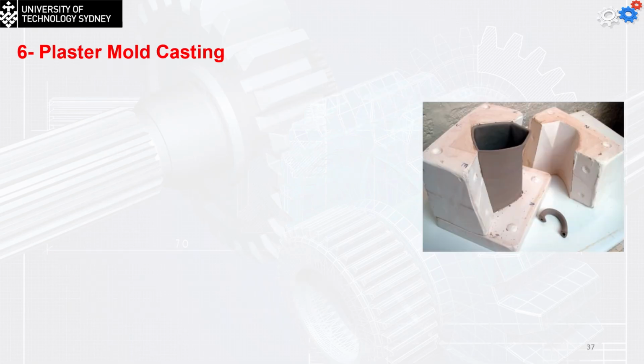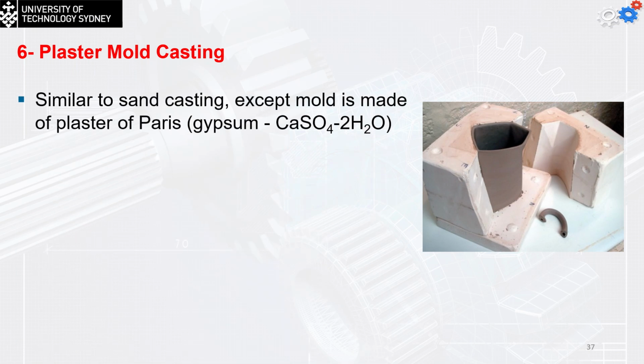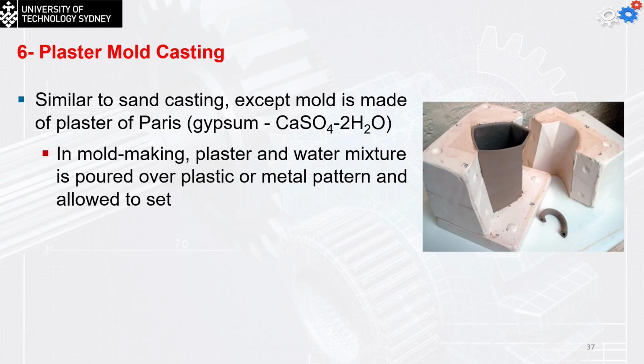The other technology is plaster mold casting. So instead of ceramic, we make the mold of plaster, or gypsum. Similar to sand casting, the mold is made of plaster of Paris, which we know as gypsum. In the mold making, the plaster and water mixture is poured over the plastic or metal pattern and allowed to set.